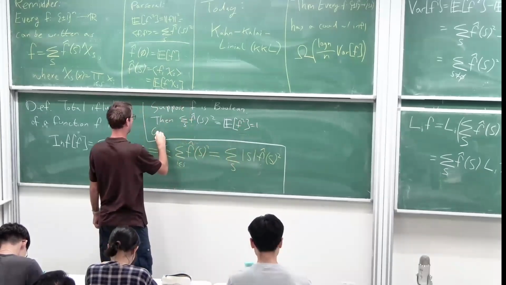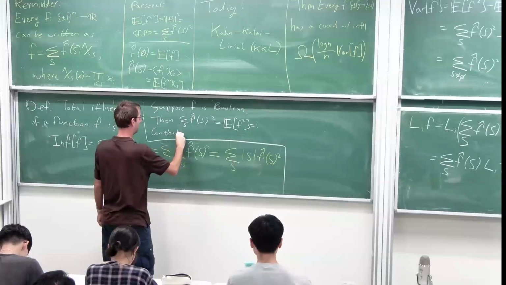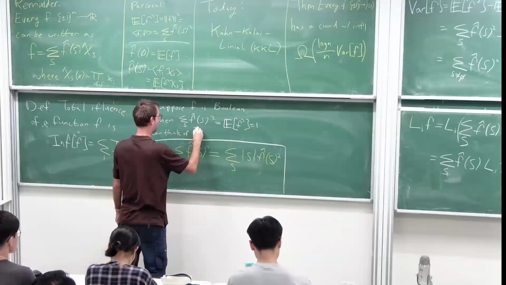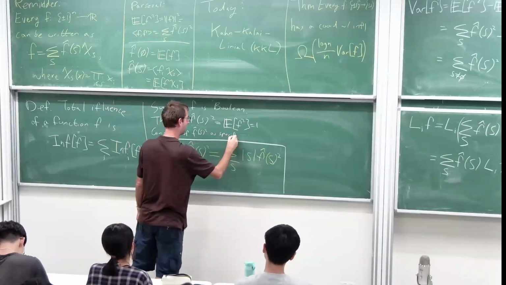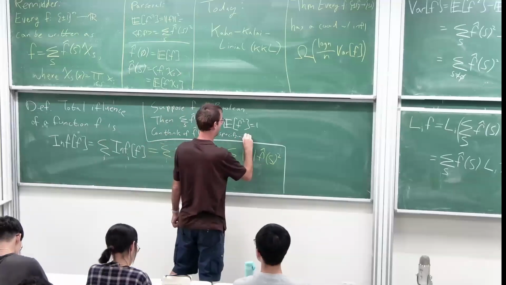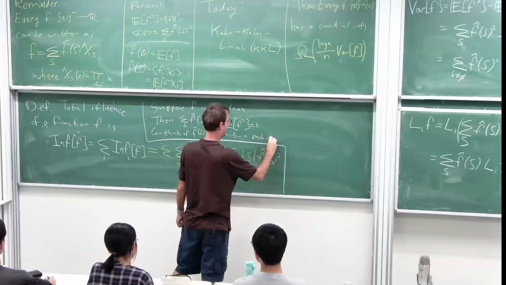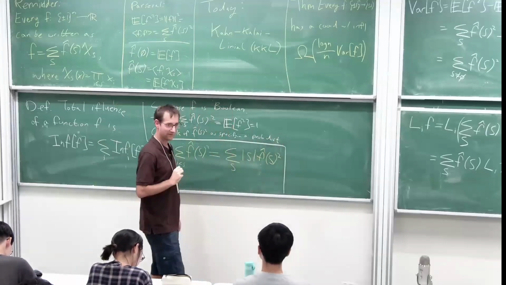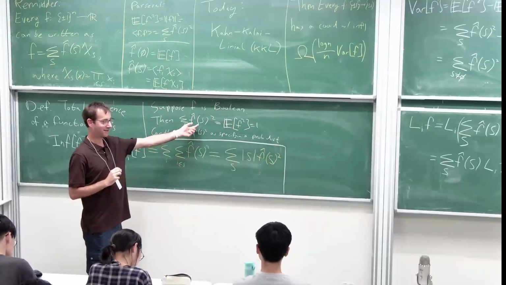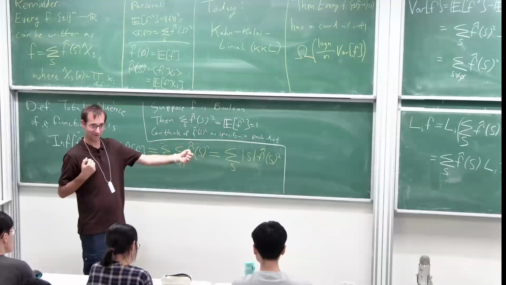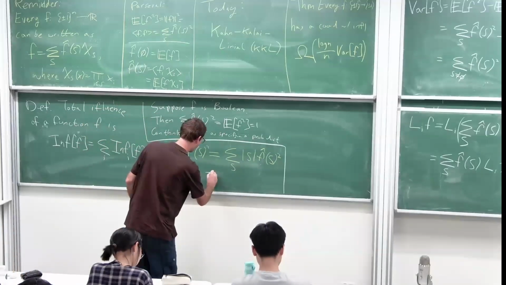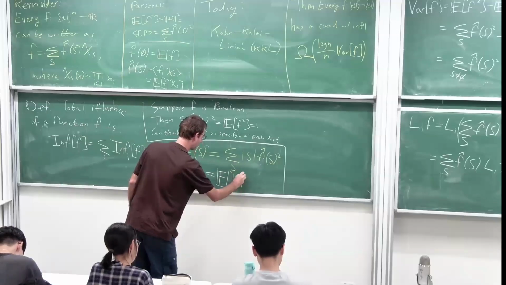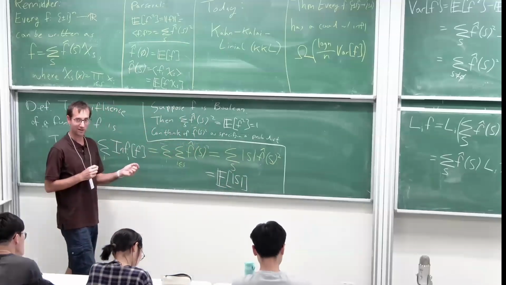So we can think of f hat S squared as specifying a probability distribution over subsets of [n], right? Because f hat S squared is non-negative and they sum to one. And in these terms, this is like the expectation of the size of S with respect to this distribution.